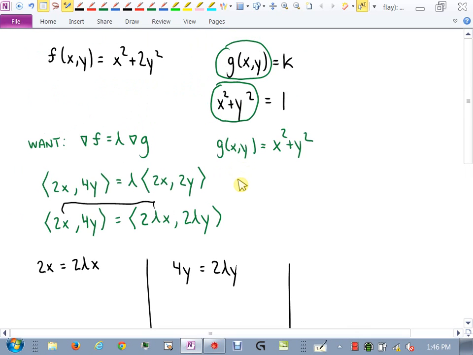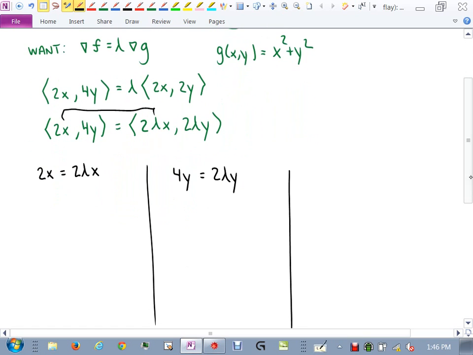Okay, so I thought y'all were solving the equations already. What's my third equation? It's the constraint equation. So your last equation will always be that last one right here.